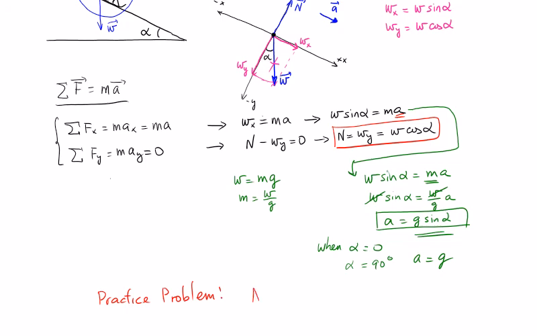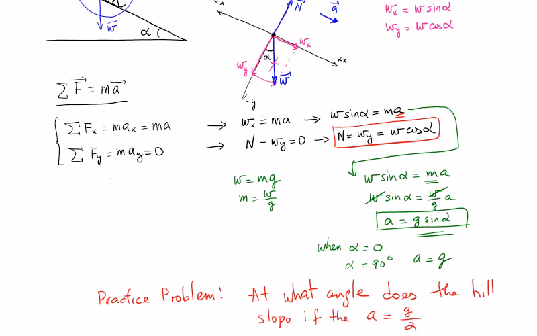At what angle does the hill slope if the acceleration is half of g?